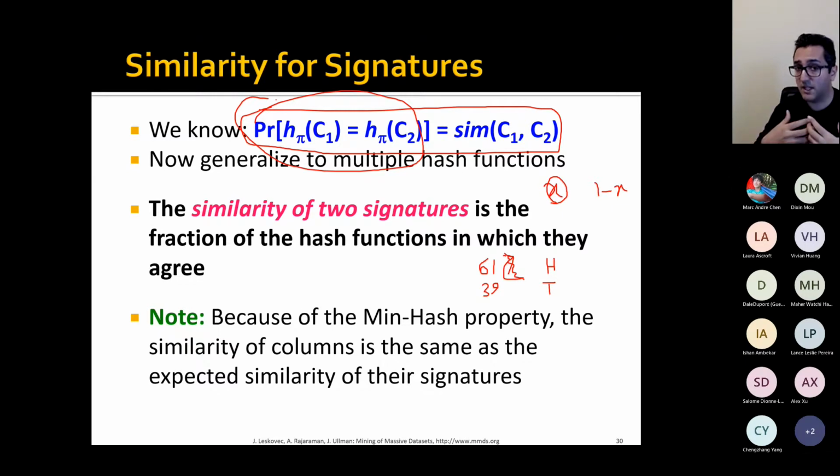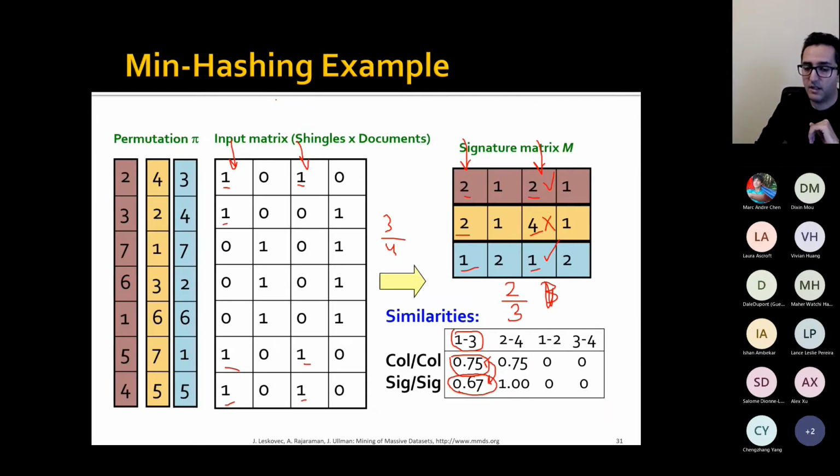The way I estimate it is by doing some experiments. Each row, each permutation is one experiment, right? So here, when I see 2 2s, that's not the probability. That's an instance, right? So I flip the coin, and it happened to be the same, right?